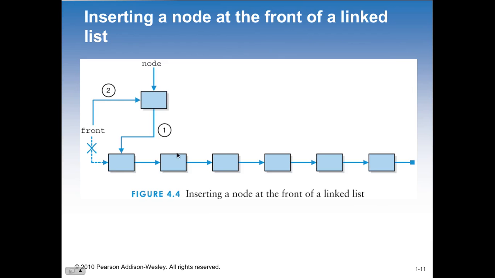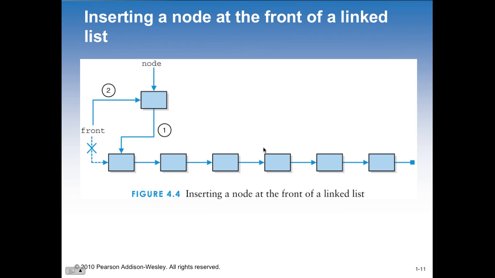But we don't have a front right here or right here. This is sort of like if we were adding to the end. Adding to the end is different from adding to the middle of the link. Same thing as the front. Usually we have some sort of keyword or indicator to say that this is the start or this is the end.